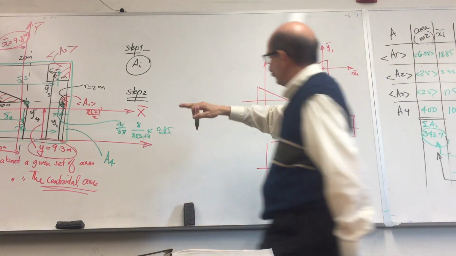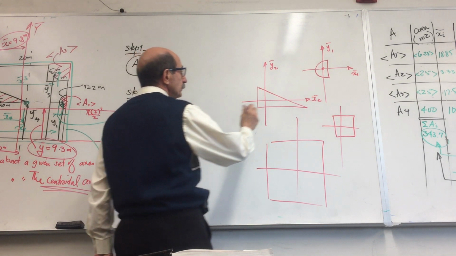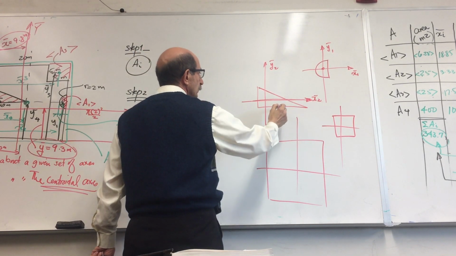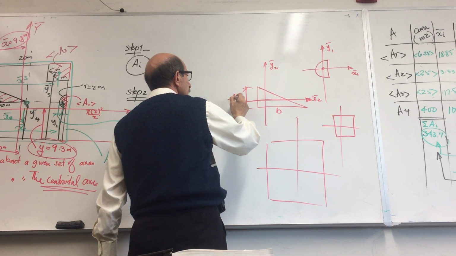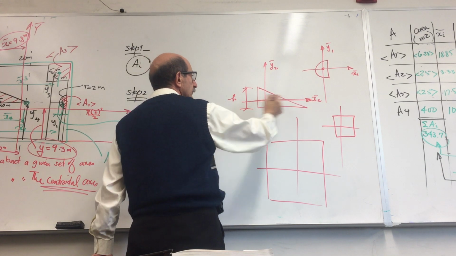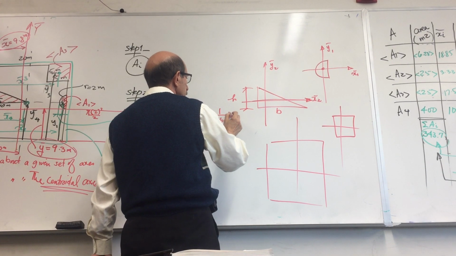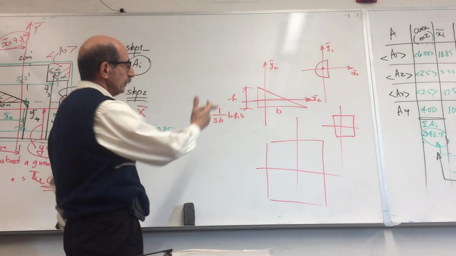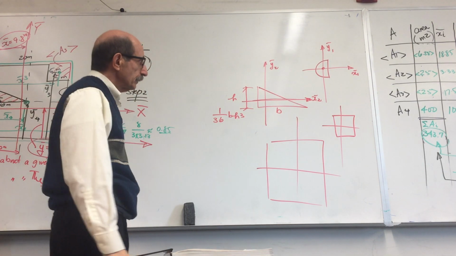You go to the same table, you want to find the moment of inertia of this shape about this axis. You see for any triangle with a base B, height h, moment of inertia about this is 1/36 bh³. If you want to find about this axis, this becomes B, this becomes h. Okay?